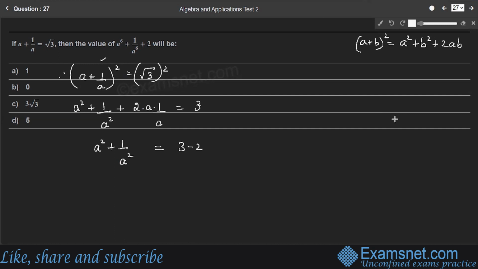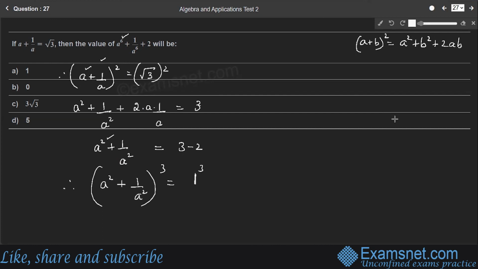So, we have raised the power of a to 2. Now again raise the power to 6. For that, we need to cube the given equation. So, on cubing, (a square plus 1 by a square) the whole cube becomes (3 minus 2) the whole cube, which is 1 cube, which is 1 itself.